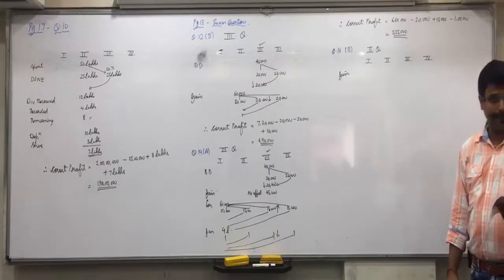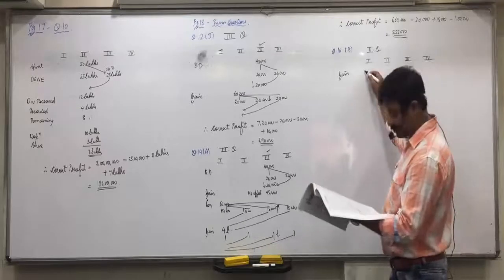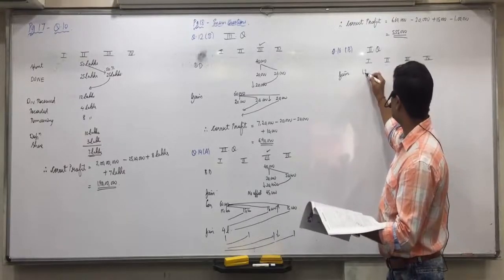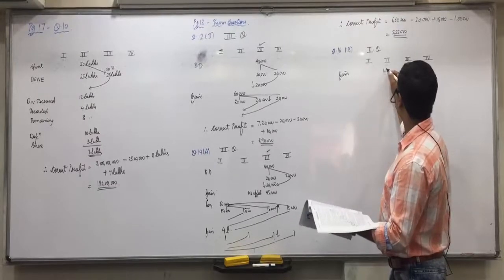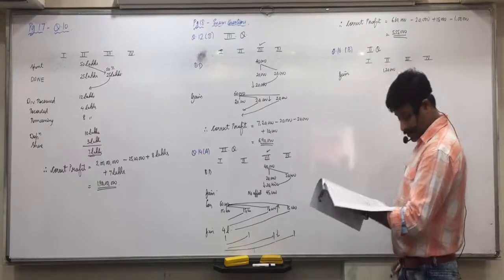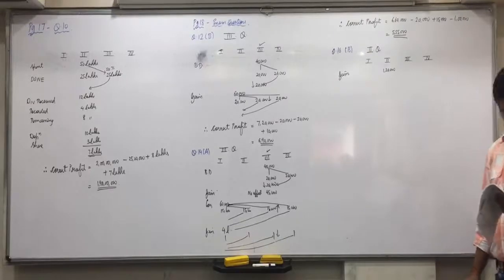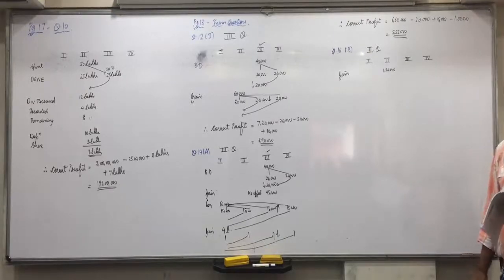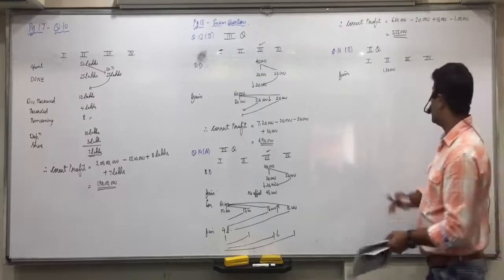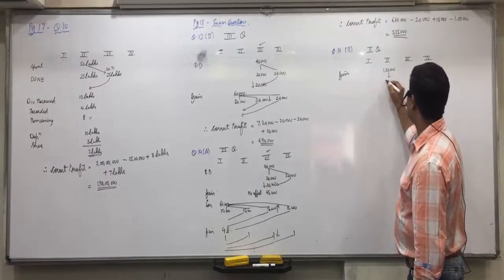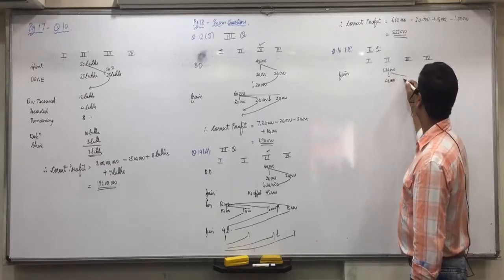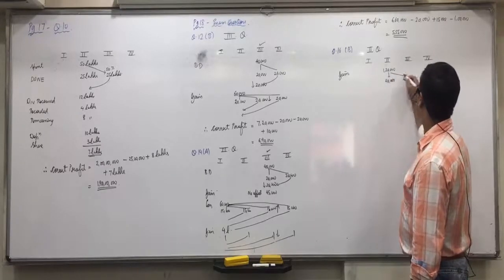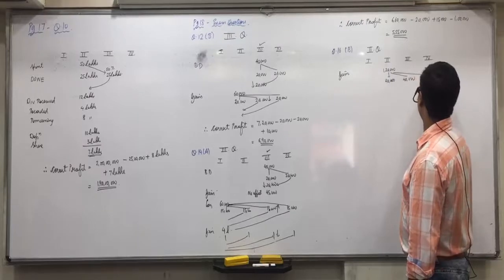July means second quarter. April, May, June is first quarter, July, August, September is second quarter. Now it was allocated equally to second, third and fourth quarter. So what we have done is 1,20,000 divided by 3, 40,000, 40,000, 40,000 equally to the 3 quarters.